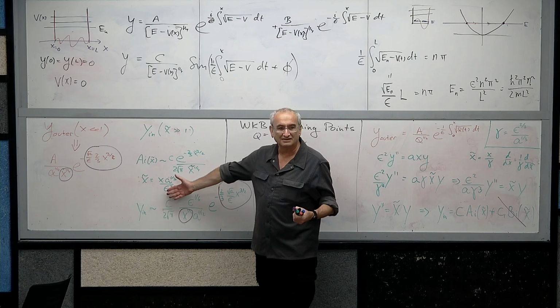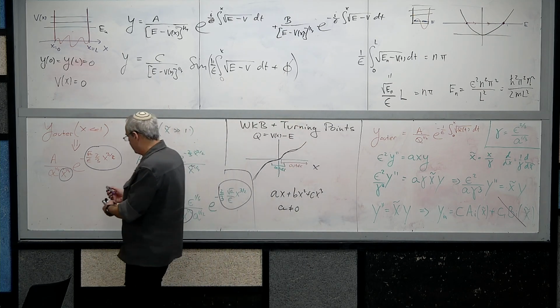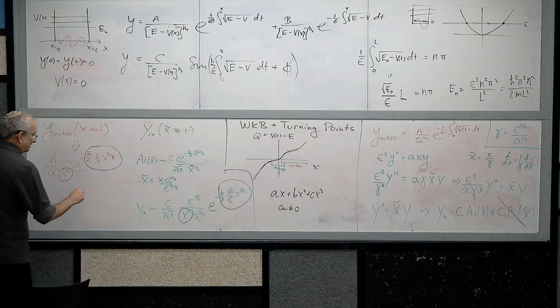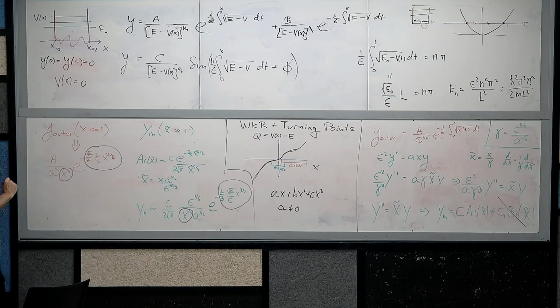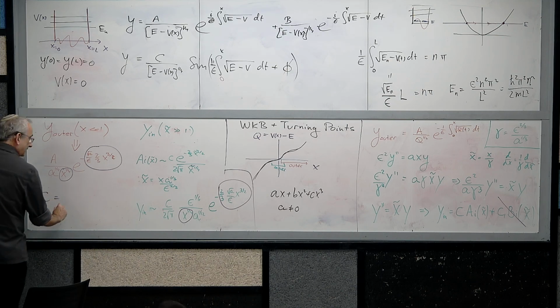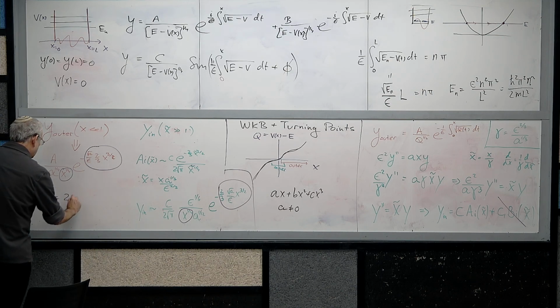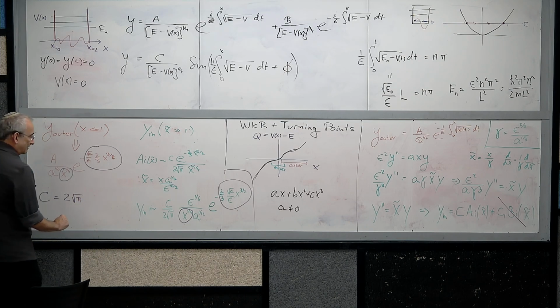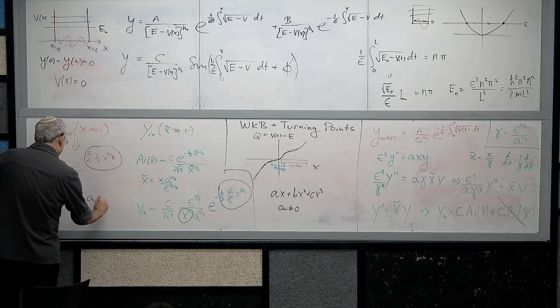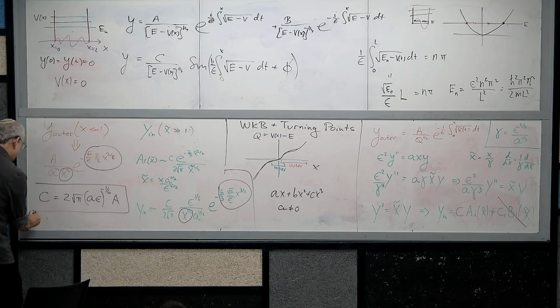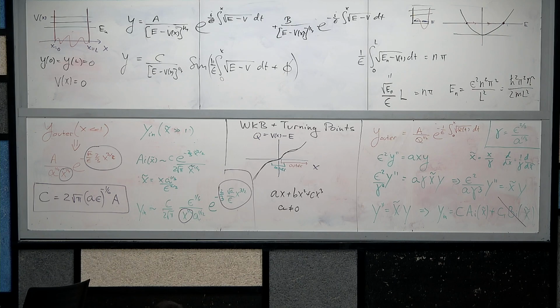So we can now say that we know what C is given A. C is equal to 2 square root of pi times A times epsilon to the power of minus 1/6 times A. This is a semi-grand goal of this part of the calculation.